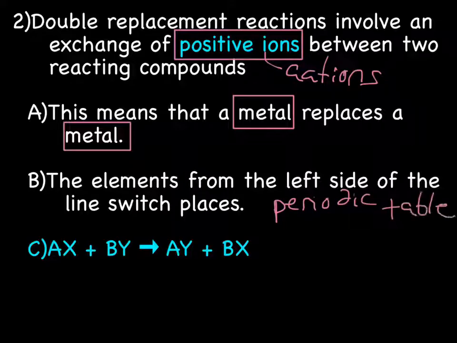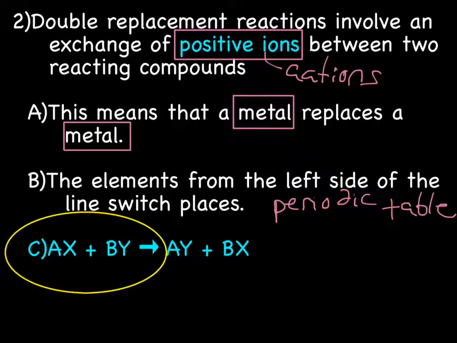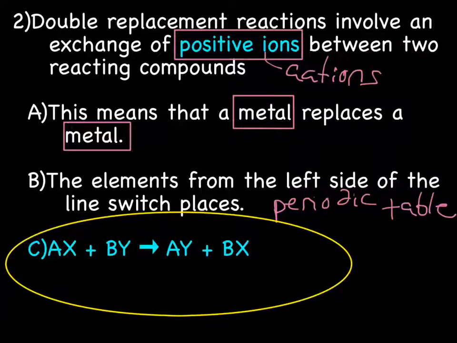Remember, the guys on the left are the metals. Here we have our general formula for a double displacement reaction. As you can see, the A and the B are switching places. The A and the B are the cations because they're written first, so they are positive ions, they are the metals. So that's generally what happens during a double displacement reaction.